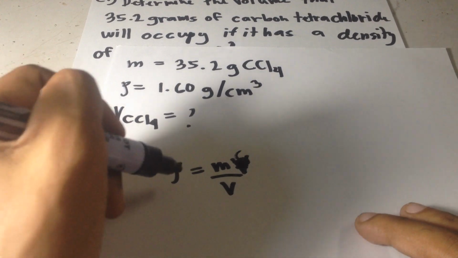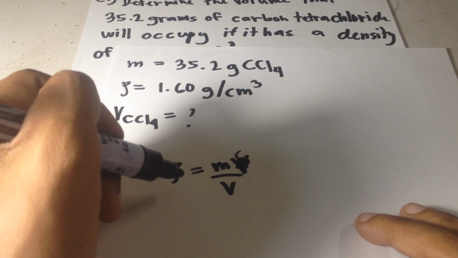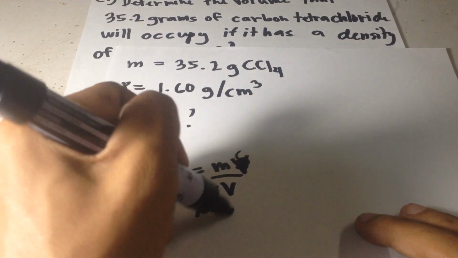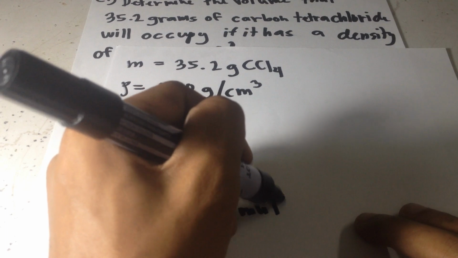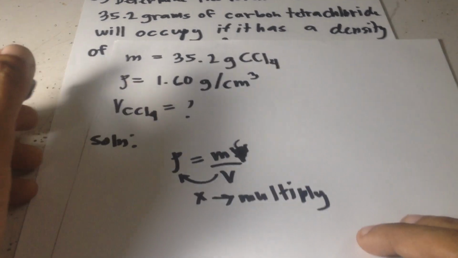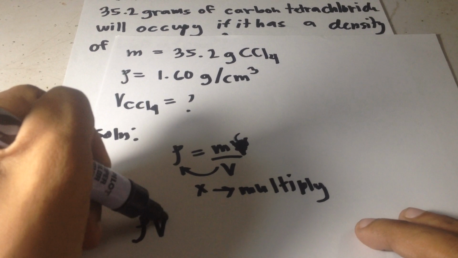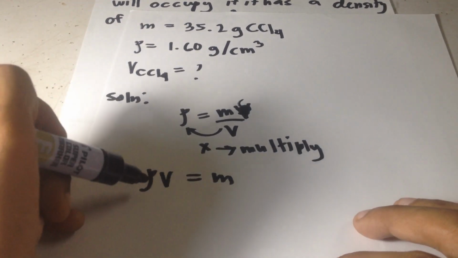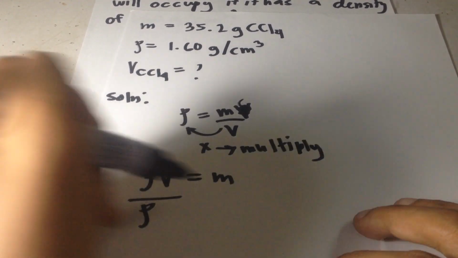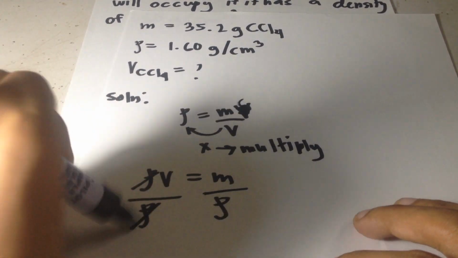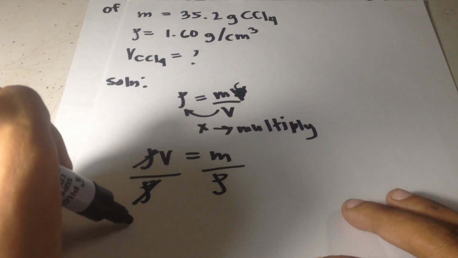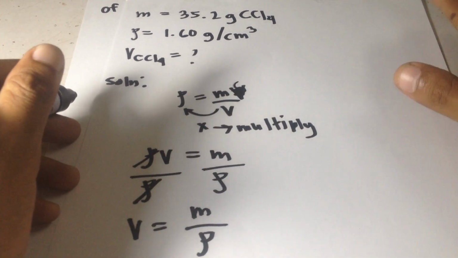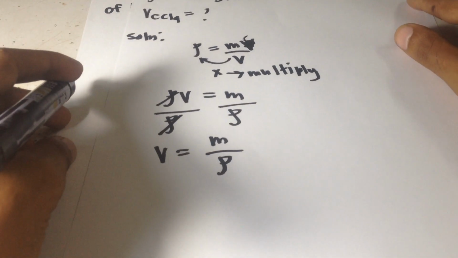So you need to multiply: density times volume is equal to mass. Then divide both sides by density and cancel out. So V is equal to mass over the density. Okay? Did you understand it?